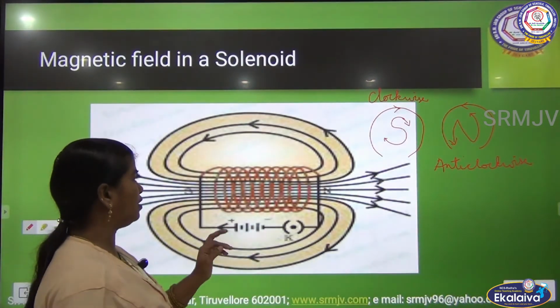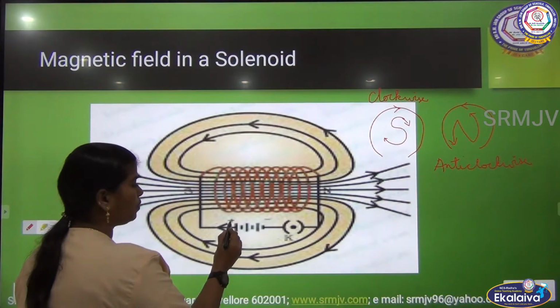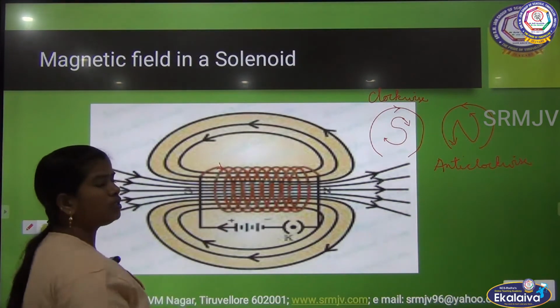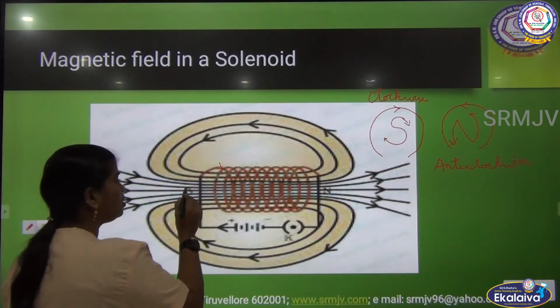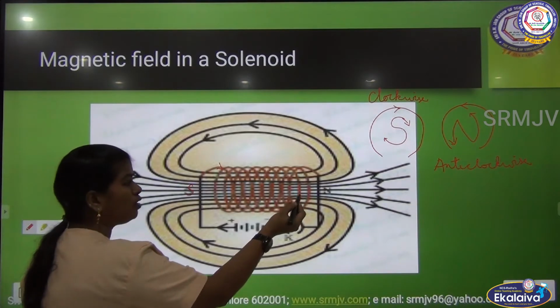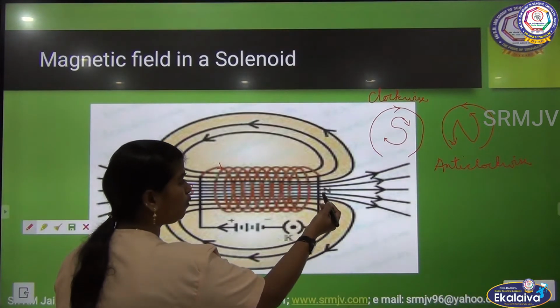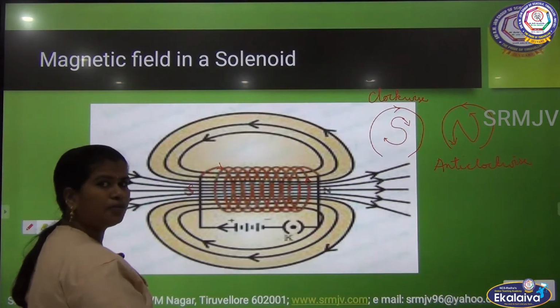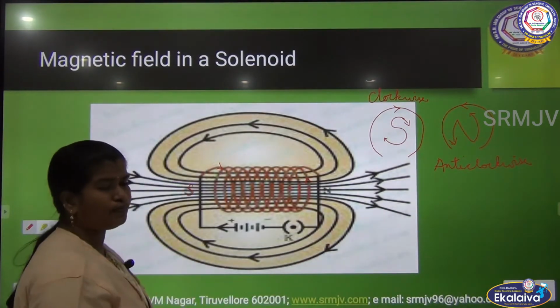You can see here, this is the positive terminal, so the current is entering in this way. Here the current is clockwise, so this terminal behaves as the south pole. Here, the current is flowing anti-clockwise, so this terminal behaves as the north pole.